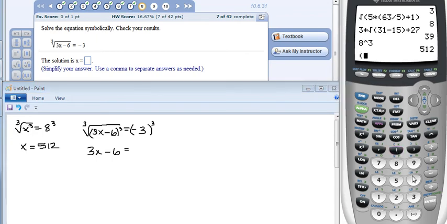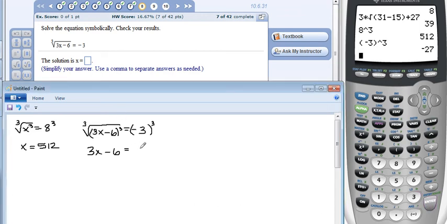On your calculator, make sure that you have your negative 3 in parentheses, negative 27, and then you can proceed from there. You can add a 6 across. These are gone, so we have 3x is equal to negative 21. Dividing by 3 gives negative 7.